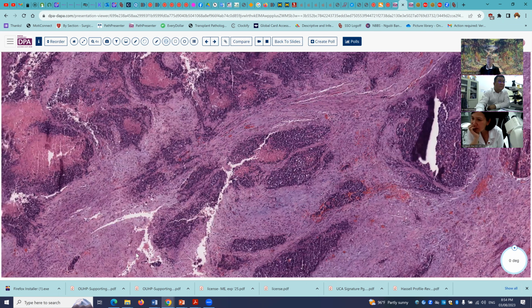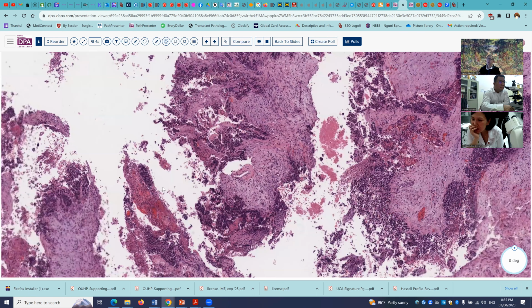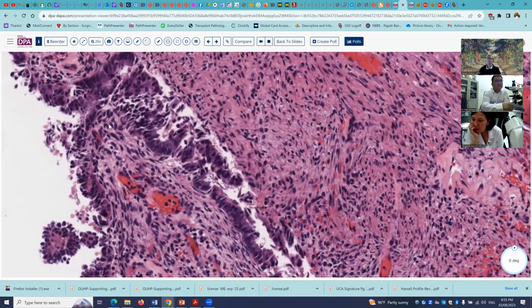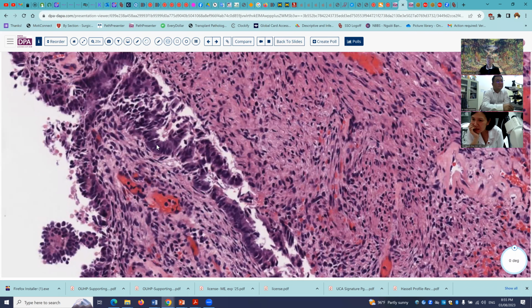As in this case, I believe. Here we go. Yes, this case did have some areas of at least adenocarcinoma in situ associated with it, and I believe there may have been invasive adenocarcinoma as well.